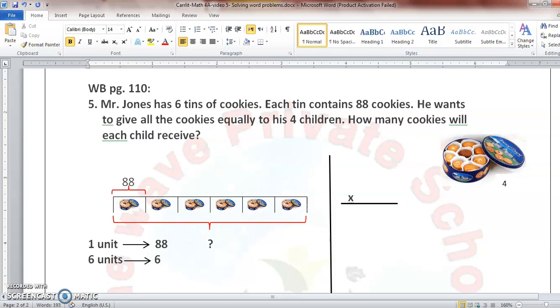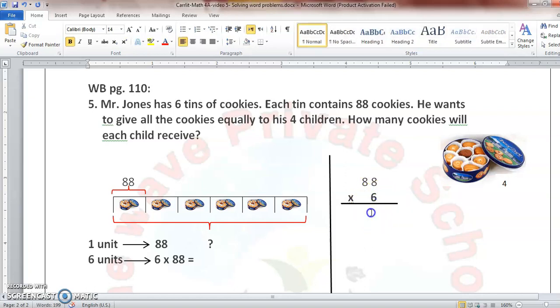6 times 88 equals, so we can answer here. Let's answer. We'll put it like this. 88, we put here the higher number, 88, times 6 equals, okay, 6 times 8.